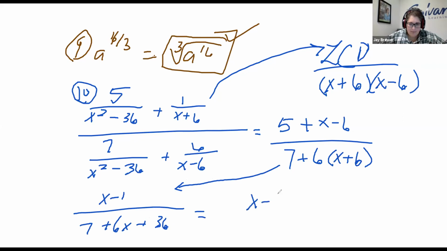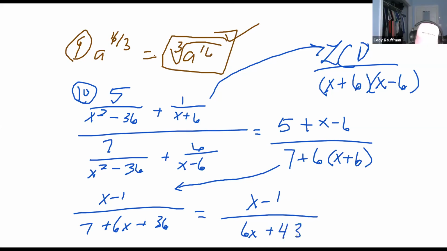So we rewrite, we have x minus 1 on top. We have 6x. And then 7 plus 36 will give us what? 43. Great. There you go.